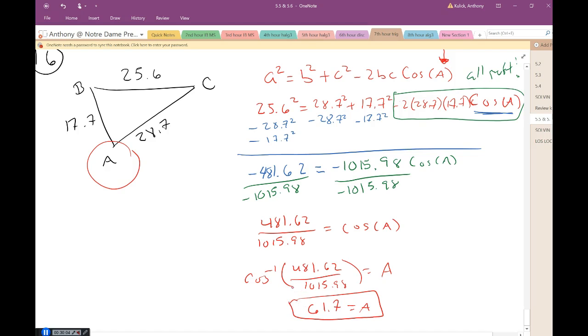Now to find angle B, what can I do? I could use law of sines now. I have enough information to do that. That seems like less work to get the angle out of than this does. Would you agree? That seemed like a lot of algebra to get that angle to spit out. So if I'm going to use law of sines, I have to be careful here.